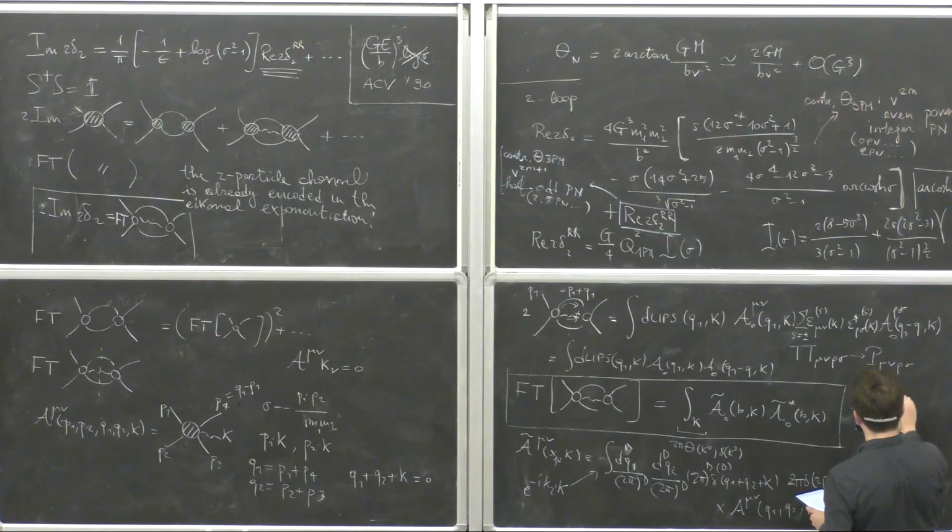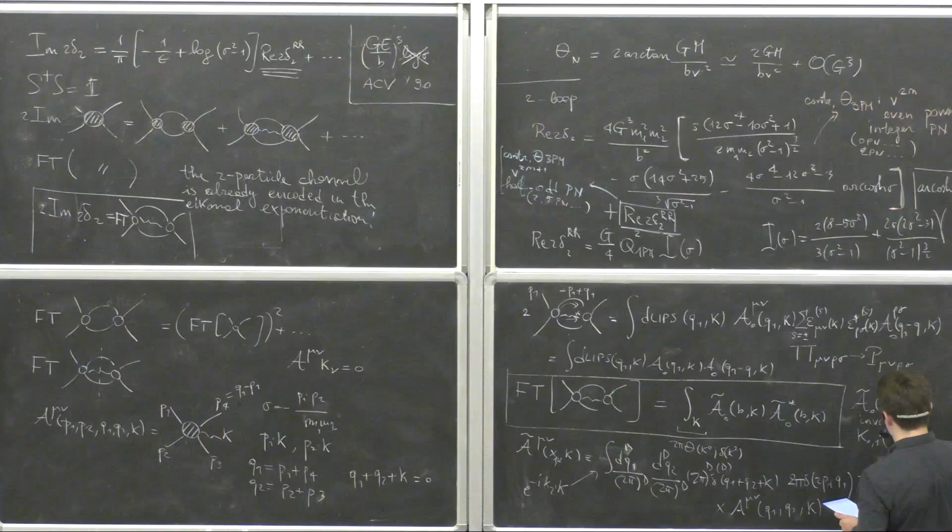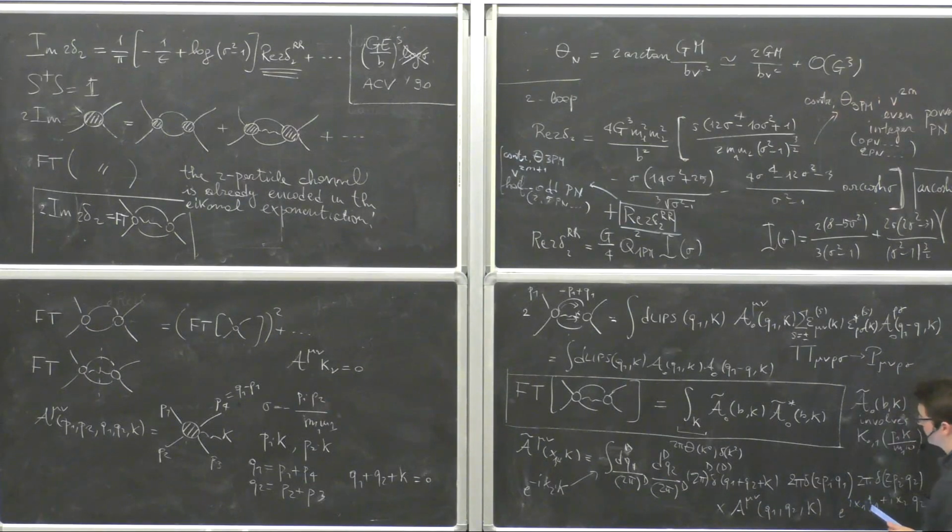So A tilde of bk involves some Bessel function, K0 and K1 of combinations like this p1.k over m1 v, say omega, and also some leftover integrals of this Bessel function.